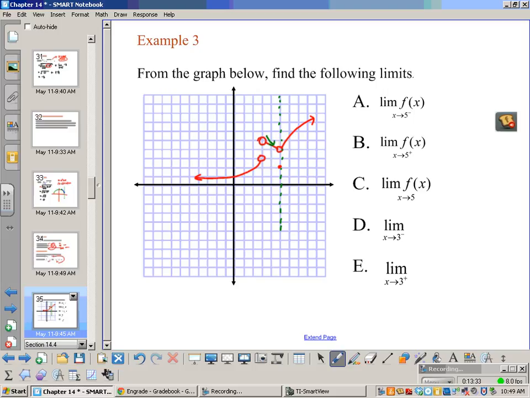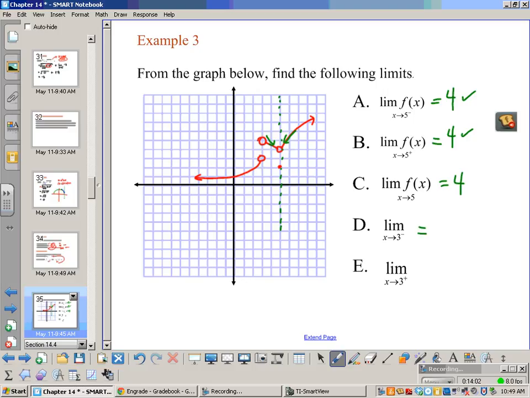If I'm approaching from the left-hand side, then my limit there is going to be 4. Now if I approach that same number from the right-hand side, I still get 4. Since they're both the same, that means this is equal to 4.